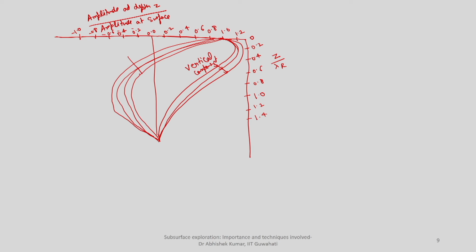This is for the horizontal component, and it should be like this. This is varying because of the change in Poisson's ratio.